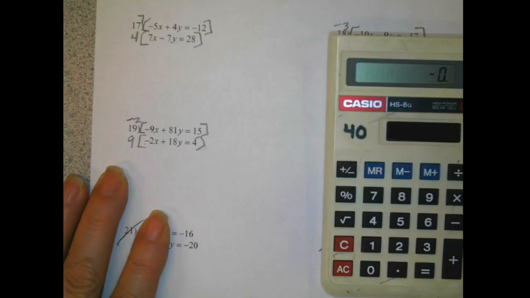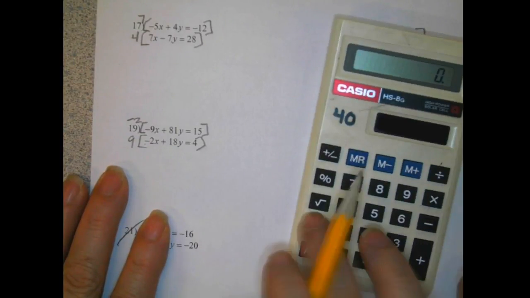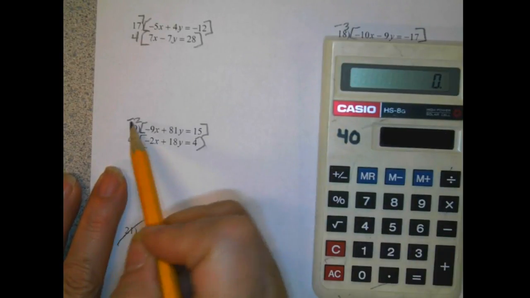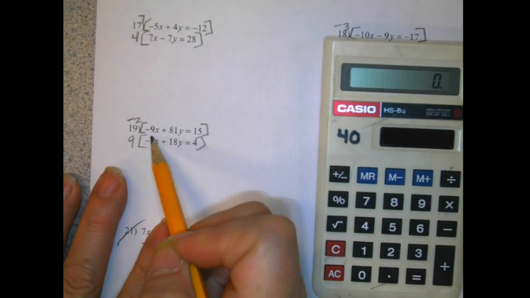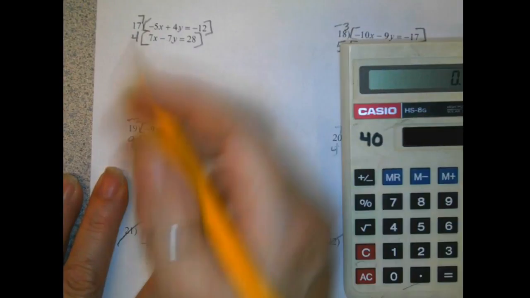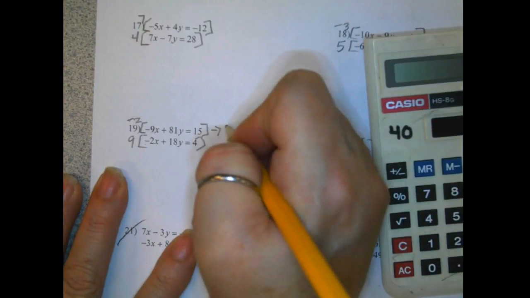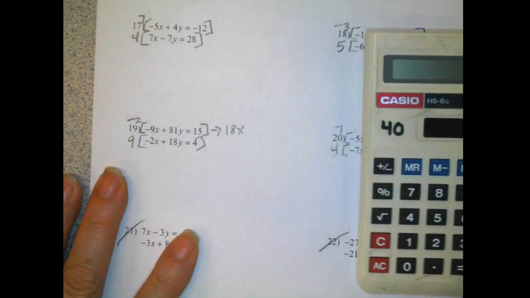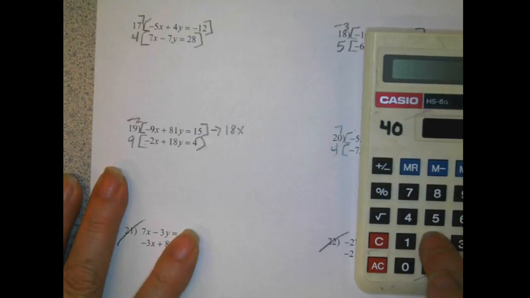We got some big numbers, so I'm going to need my calculator, because I just don't do that kind of math in my head anymore because I'm old. So what is a negative 2 times a negative 9? It's going to give me positive 18x, right? A negative 2 times an 81. Oh, I'm going to get a negative and a big number.